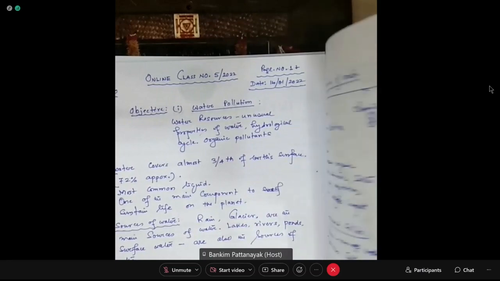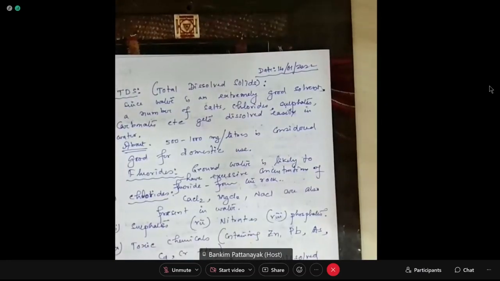Before we go to water pollution and the sources, these are of course the various pollutants. But first of all, let us talk about the drinking water quality standards.